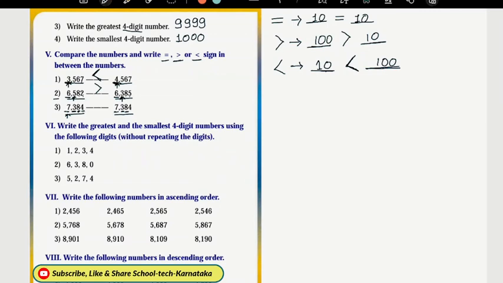At ones we have here 4 and here 4. Since all these digits are same, the numbers are equal. Here we use equal to symbol. 7,384 is equal to 7,384.